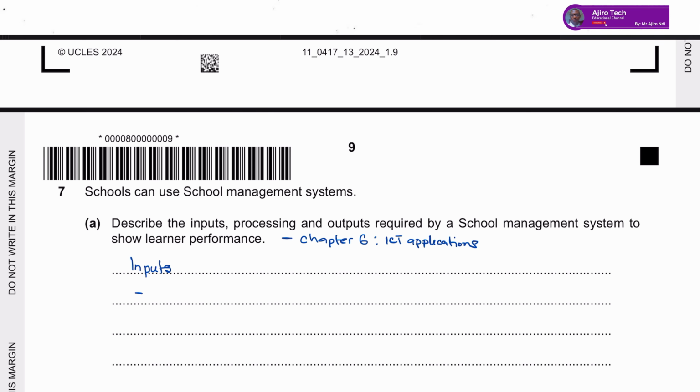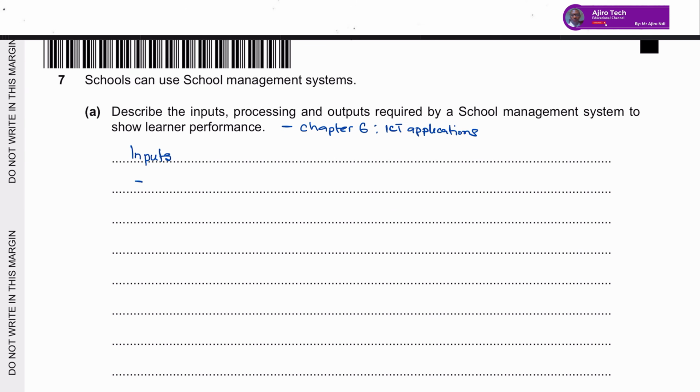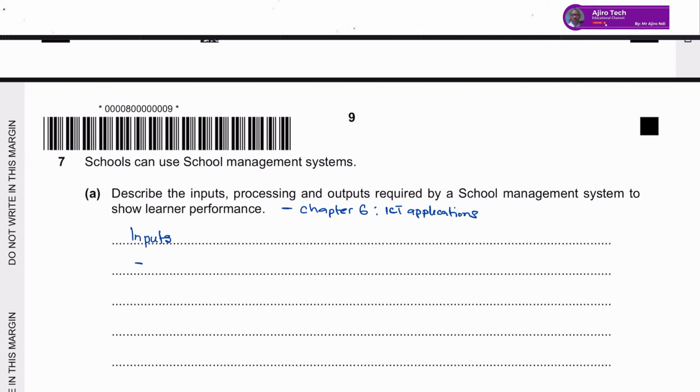With all I've said, let's look at the inputs there, and this is what a marker is looking for. So for inputs, you can have students' personal details, marks and grades, attendance data.